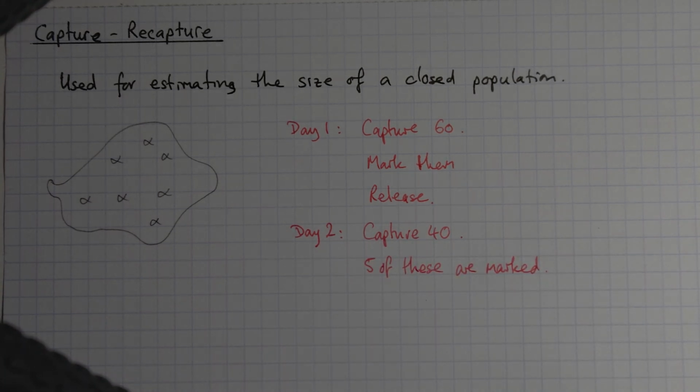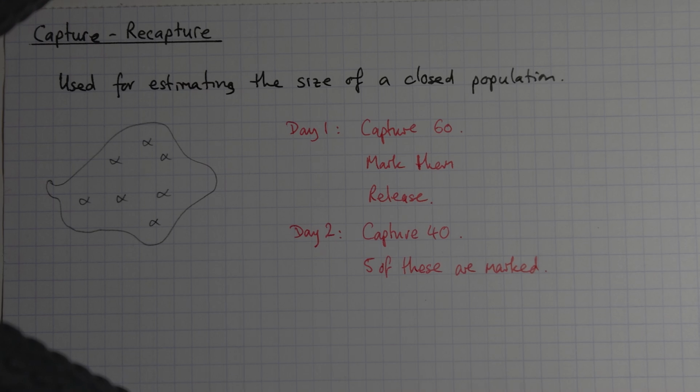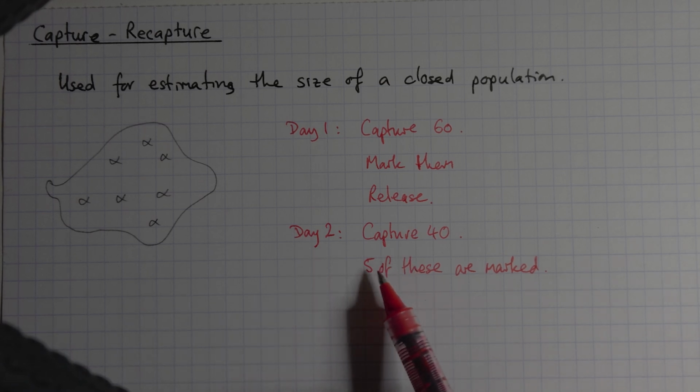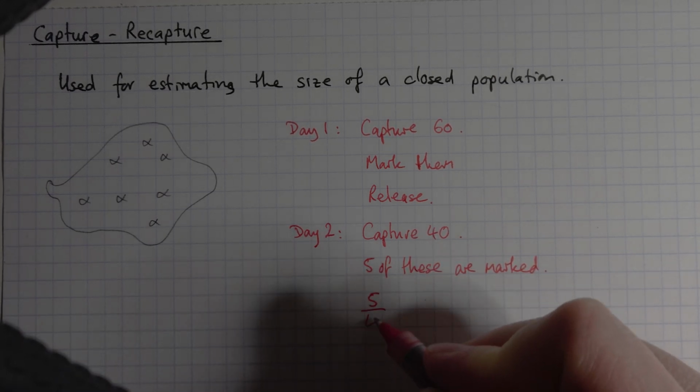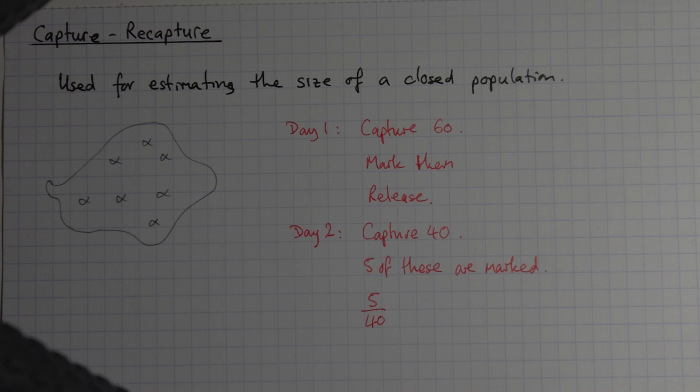This is actually enough information to estimate the total number of fish in the pond. It doesn't work it out exactly, but surprisingly, most of the time it gives a really good estimate. And here's how it works. We note that in our second sample, 5 out of 40 were marked with the purple dye.